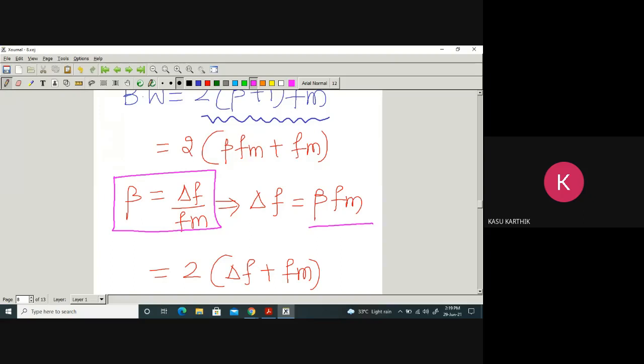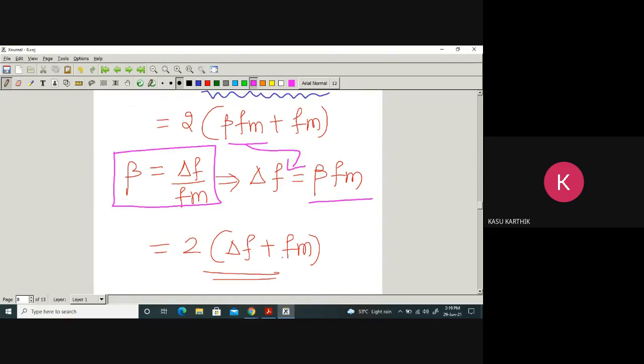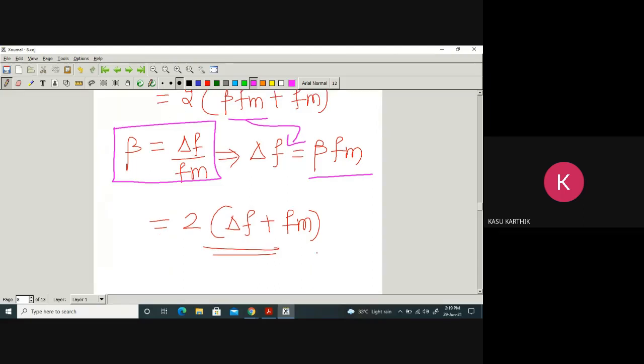Beta into fm. Obviously, this beta fm means delta f. So this is 2 into delta f plus fm. This is the bandwidth formula of FM signal. Practical bandwidth. Better to say practical bandwidth. Theoretically, bandwidth is infinity because the spectrum has infinite sidebands, which are located symmetrically on either side of the carrier component, each having a difference of fm.